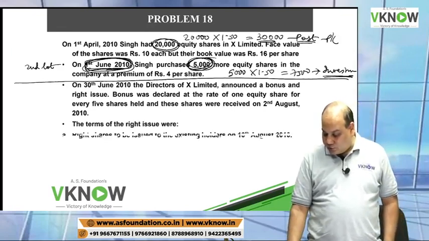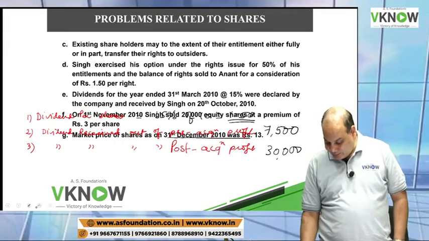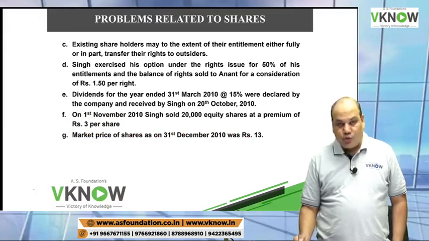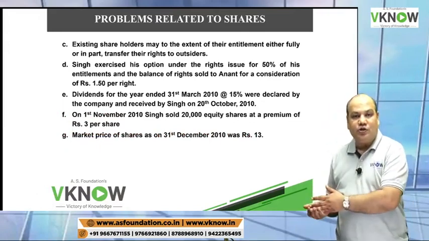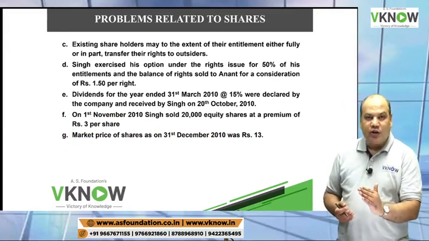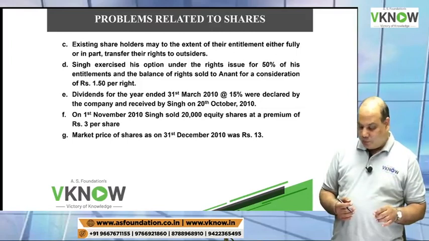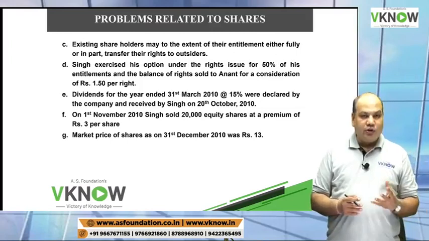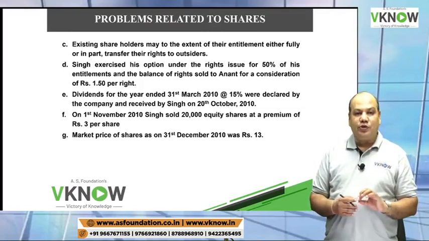Dividend will not be received on bonus share and right share. Why? Bonus share and right share were issued by the company in the current financial year. Bonus share and right share were not in existence on 31st March. Most of the students have this query, why will Singh receive dividend on 5,000 shares?